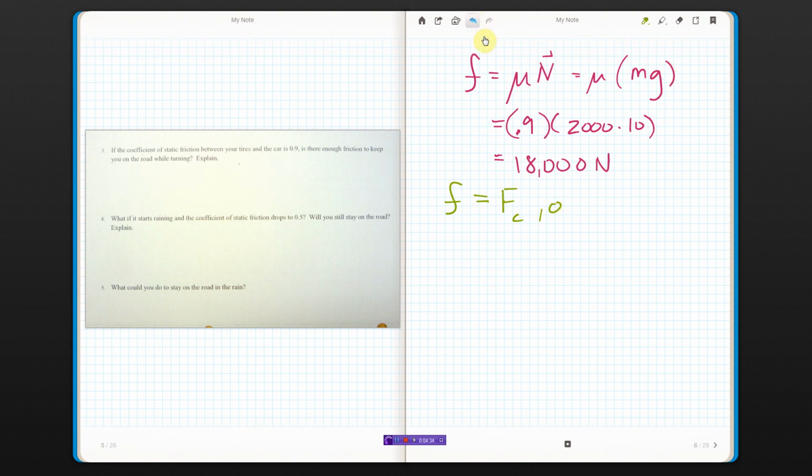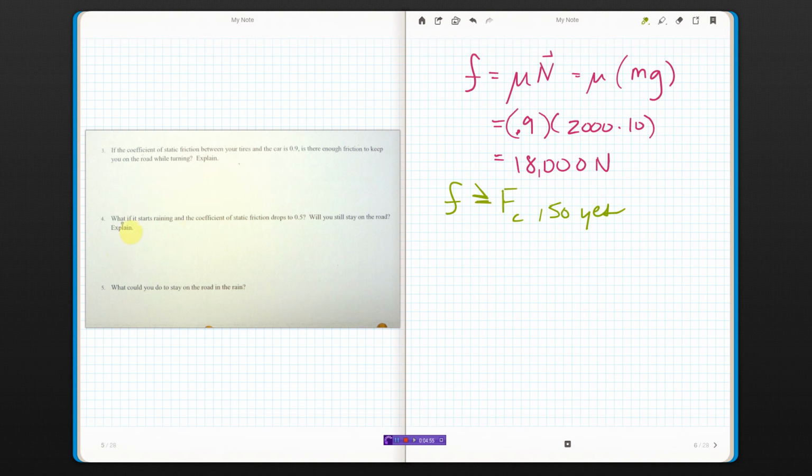So yes, the car will stay on the road, because I have the force necessary to fill the job of centripetal force. Barely, but I've got it. Basically, as long as the friction is greater than or equal to the centripetal force, it's going to be fine.